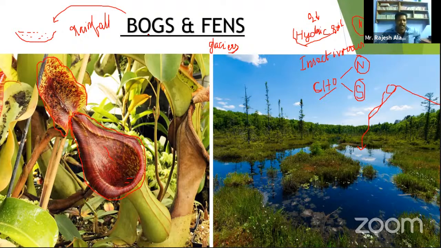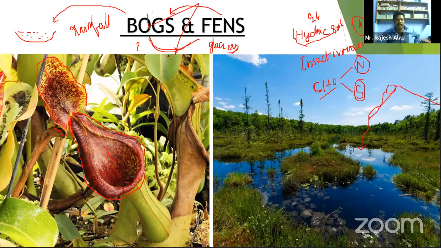Can a bog get converted into a fen, sir? Can a bog over a period of time get converted into a fen, or is there a chance that a fen can get converted into a bog? Which is possible, sir?